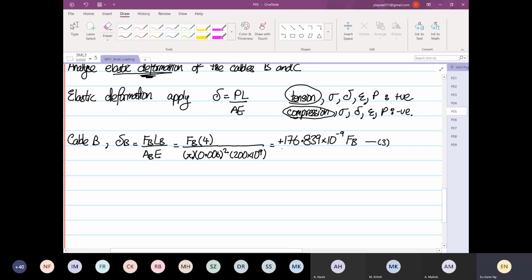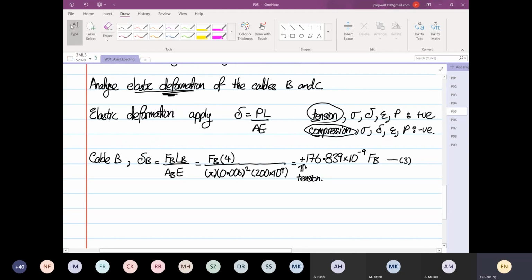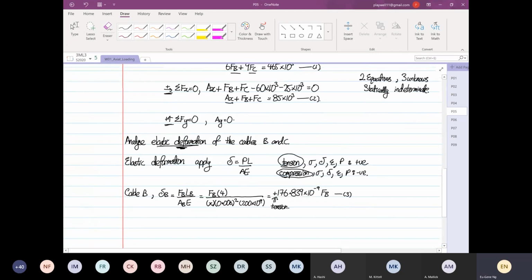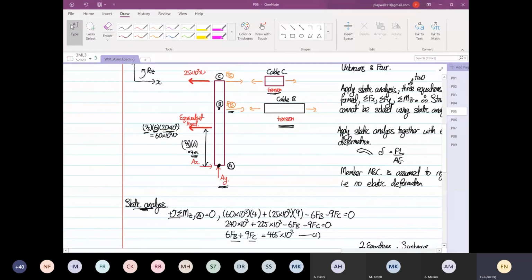So positive over here means it's under what? Tension. Like how we have drawn our free body diagram. So it's under tension, that's why we call it positive.